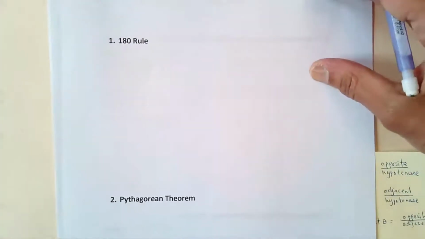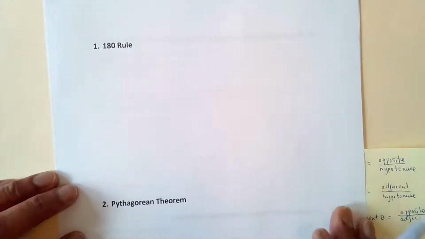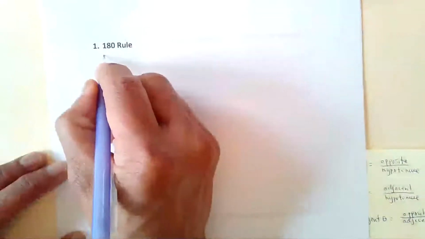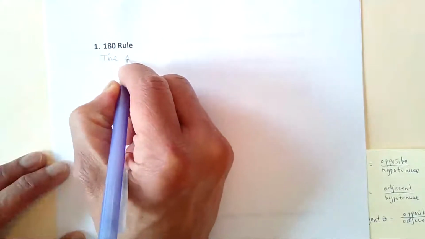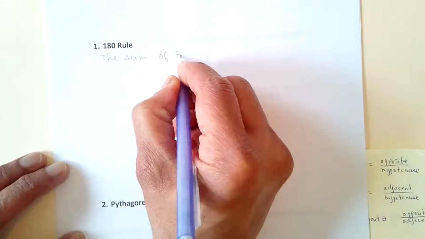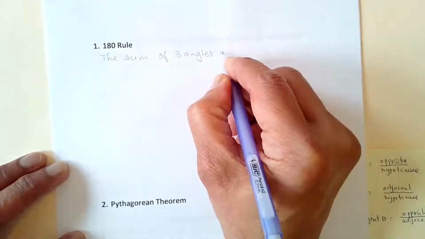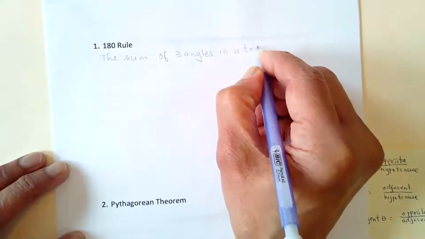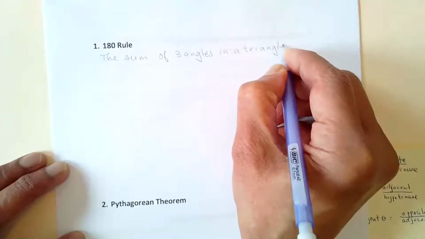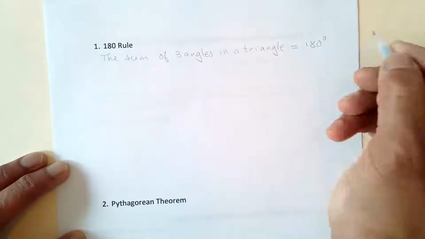So remember, the 180 rule simply states that the sum of the three angles in a triangle equals 180 degrees.